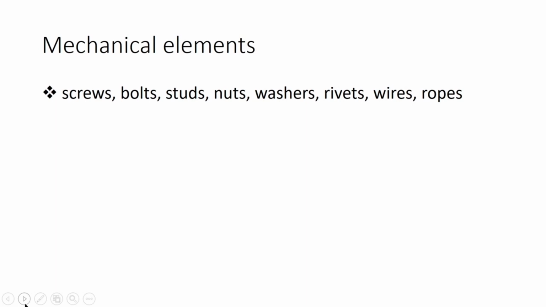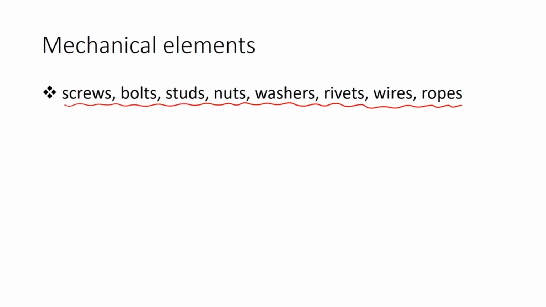All these elements are used as temporary fastening elements. If you want to assemble the sub-assemblies or various parts of our system, we need to fasten them together. So, we can have either a temporary or a permanent fastening. To have the temporary or semi-permanent joining, we use screws, bolts, nuts, washers, rivets, wires and ropes.